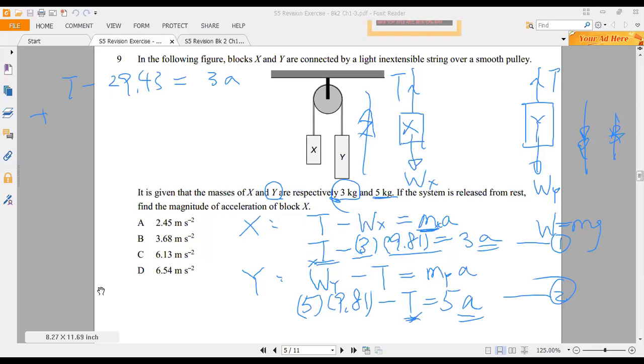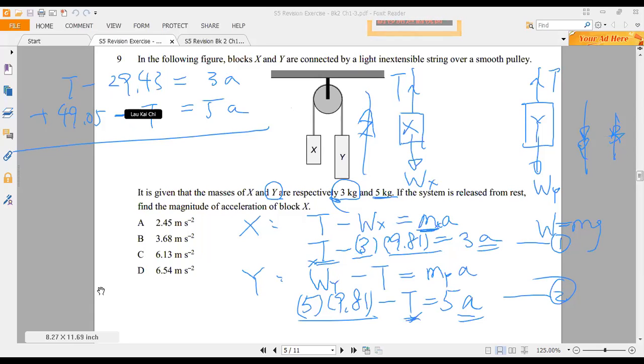Okay, 5 times 9.81 is equal to 49.05 plus T equal to 5A, right? So you may add them together. Sorry, mistake again, so don't be careless like me. It should be minus.